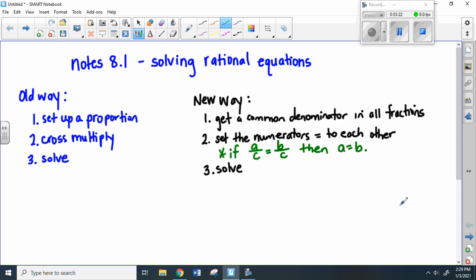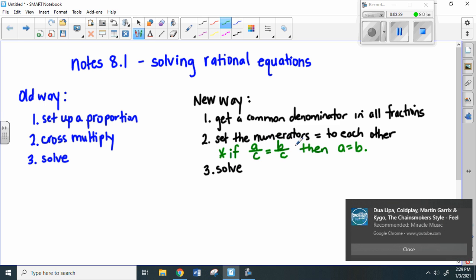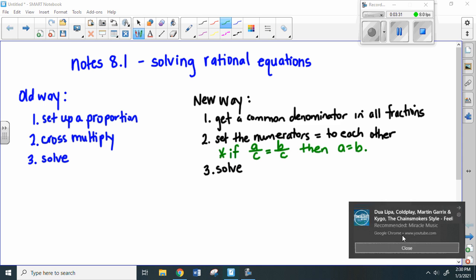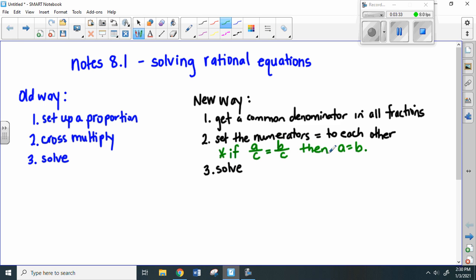And so that's exactly what we're going to do. We're going to make it so that the bottom of our fractions are all the same, and so all we really have to do is set the numerators equal to each other and solve.